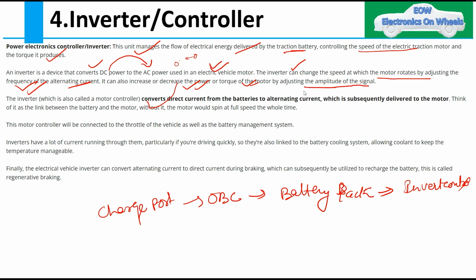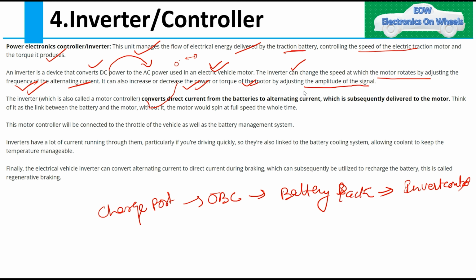Like in internal combustion vehicles, you have the brain like the ECU, that is the engine control module or ECM. But here the inverter and controller is the brain of your vehicle, which is controlling many things. First, it is converting DC power to AC power to run your electric vehicle.